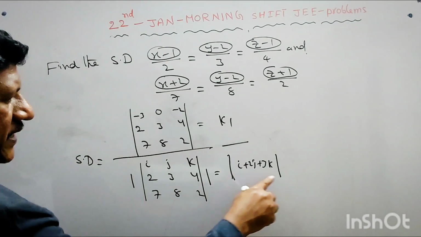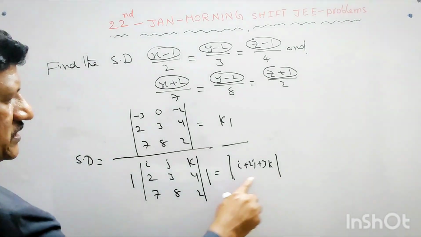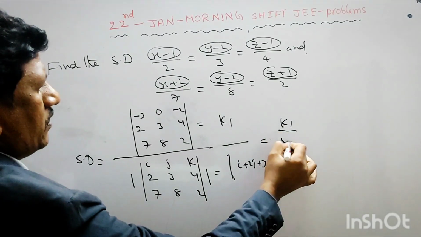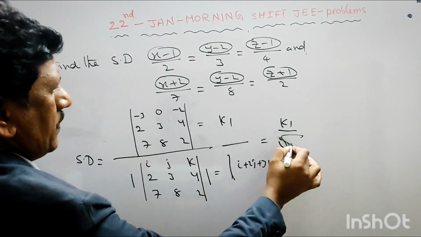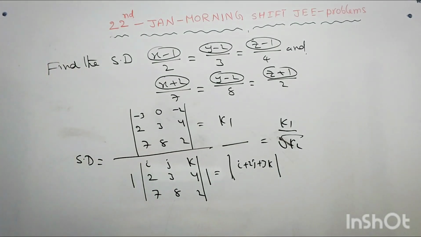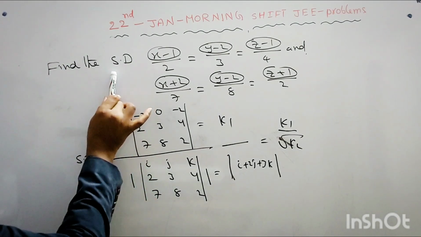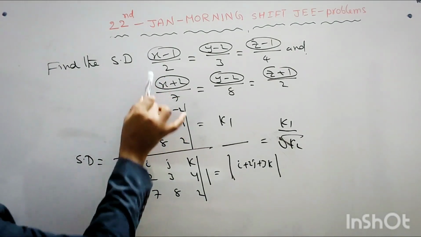For this vector, find out the length. So this is called length of the vector. Some numerical value will come, you will get a root of something. So this is the way how to find out the shortest distance between any two skew lines.